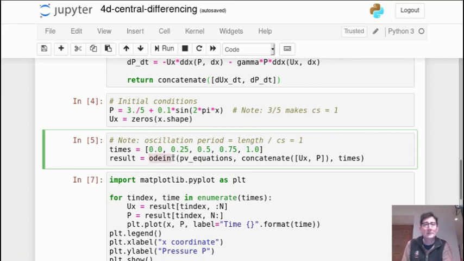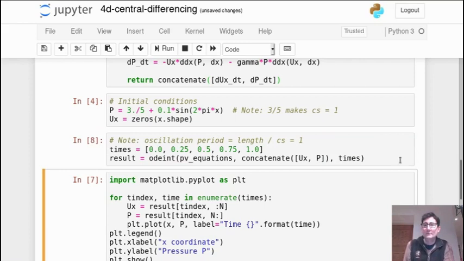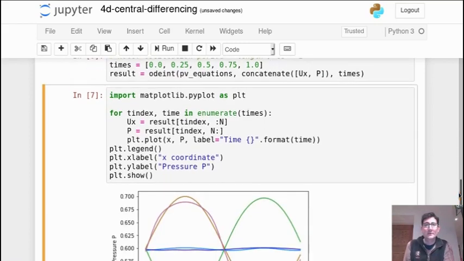And this is the time integrator. We give it the equations, the function we defined above which solves the equations, the initial conditions here, which again is the same order, ux and then pressure, and this array here of times that we want the output. We just run that, and you see it runs almost instantly.